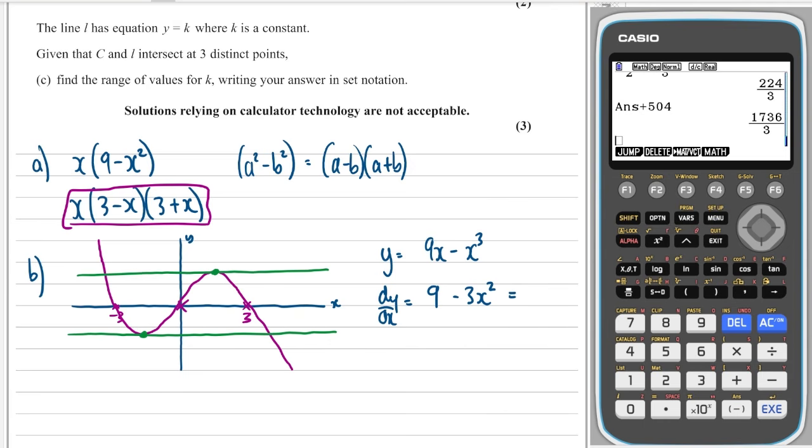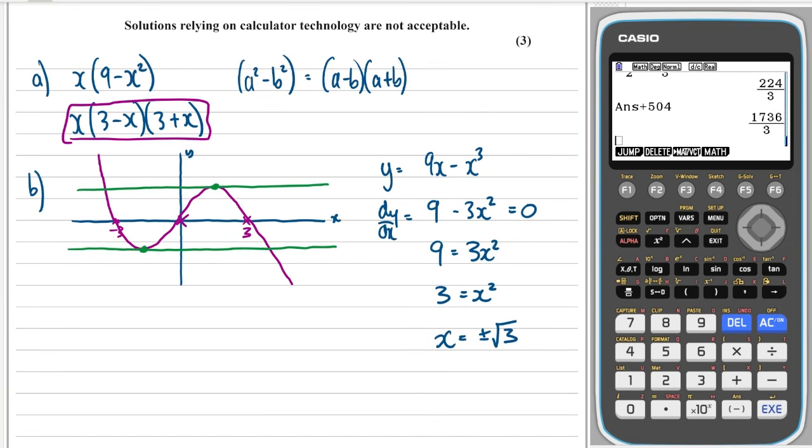And turning points happen when that equals 0. So that will mean 9 will equal 3x squared. So 3 will equal x squared. So square rooting, x will equal plus or minus root 3.